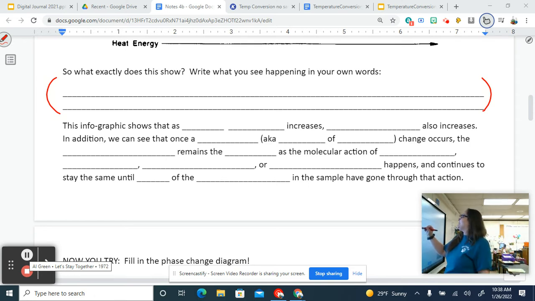So this infographic shows that as heat energy increases, temperature also increases.